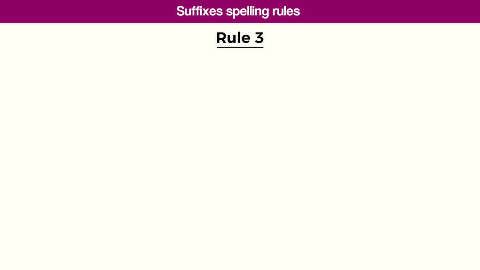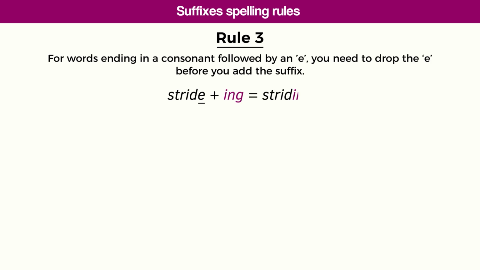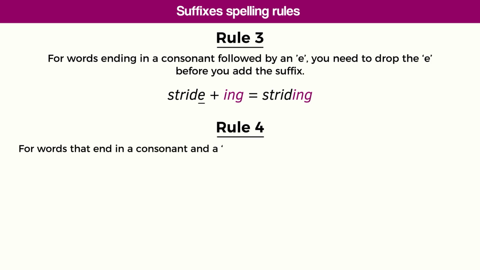Rule 3. For words ending in a consonant followed by an e, you need to drop the e before you add the suffix. For example, stride plus ing equals striding. Rule 4. For words that end in a consonant and a y, change the y to an i and then add the suffix.